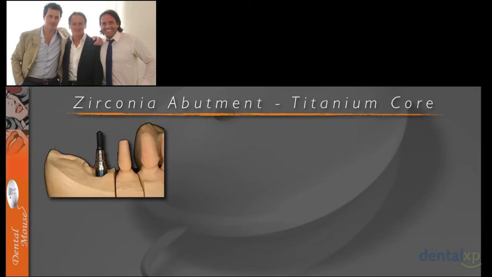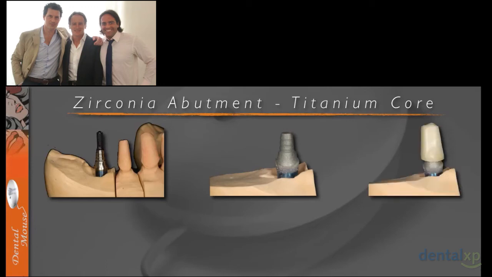And you see that here it's important how you put the core and the zirconia together. You treat the zirconia and the titanium core with a particular procedure, and you attach them with an adhesive protocol.